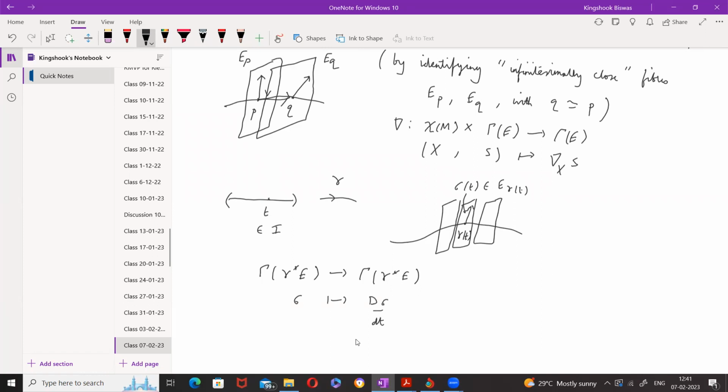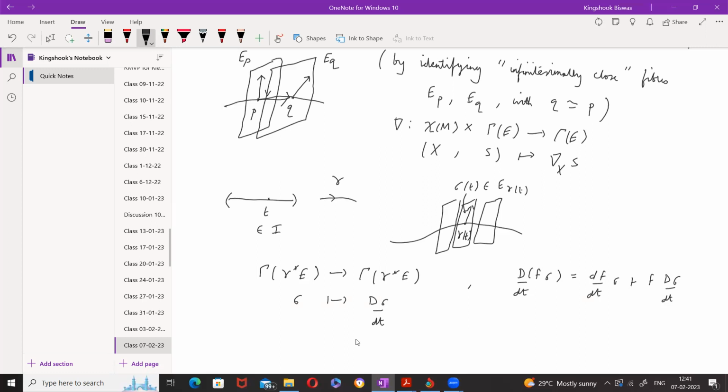Okay. So this satisfies the Leibniz rule, right? D sub dt of f sigma is df dt sigma plus f capital D sigma dt. And it satisfies the following compatibility rule. It is compatible with the original connection on the vector bundle.